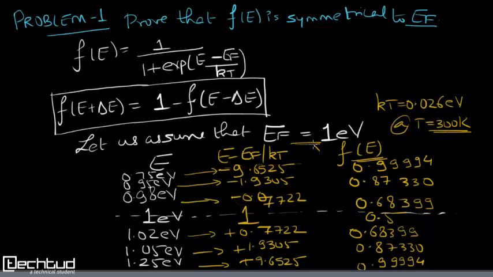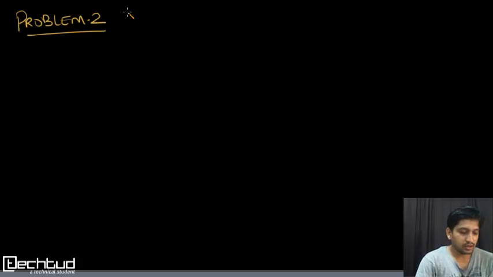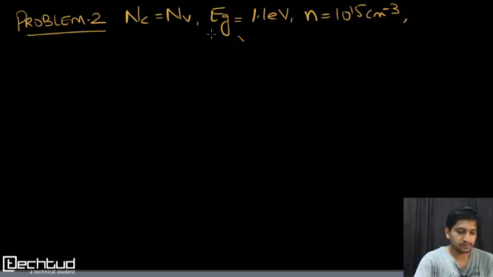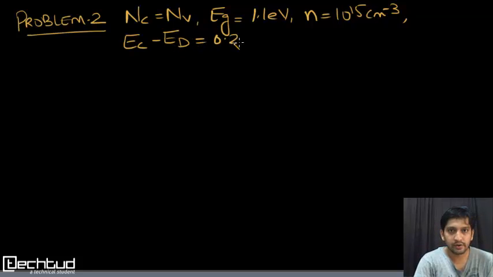Let us solve the second problem for this module. In this case we have been asked to assume that the effective number of states in the conduction band is equal to the effective number of states in the valence band. We have been given that the band gap energy is 1.1 electron volt. Concentration of electrons is 10 to the power of 15 per centimeter cube. The difference between the edge of the conduction band and the donor level is 0.2 electron volt.